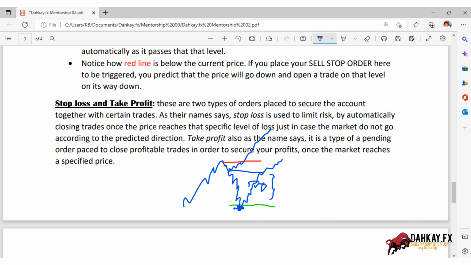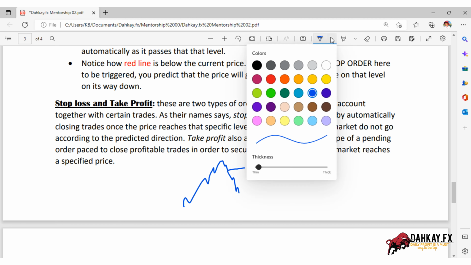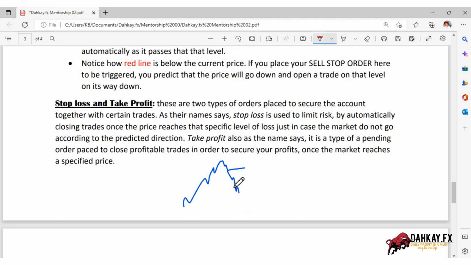So same as the stop loss, guys, you can put the stop loss on the profit side. That's what the swing traders do. So for example, if you have entered your sell trade here, and then you see that the market is going down according to your analysis, you can adjust your stop loss and put it here on the profit side, so that you can secure the profits that you have already.